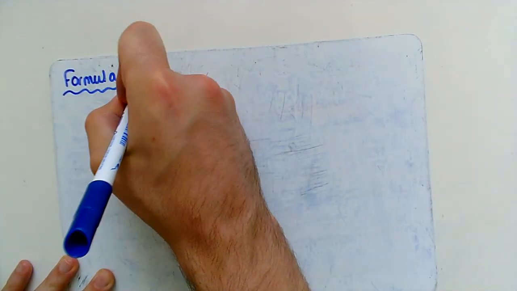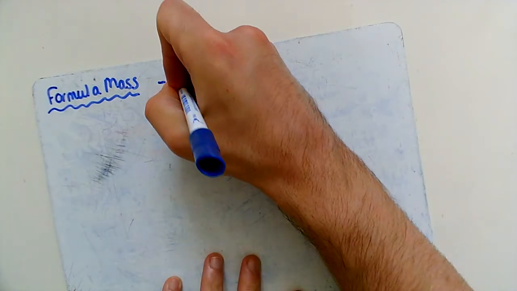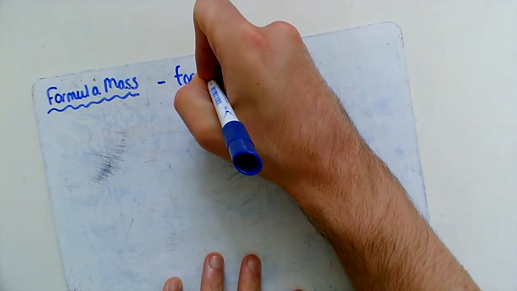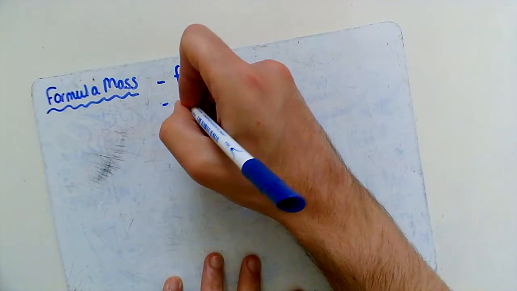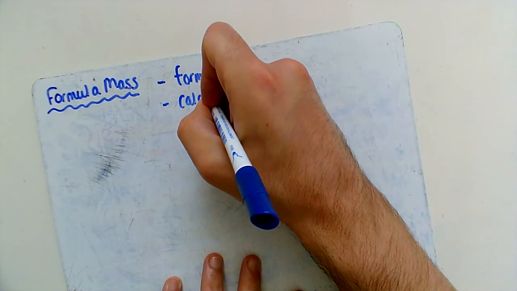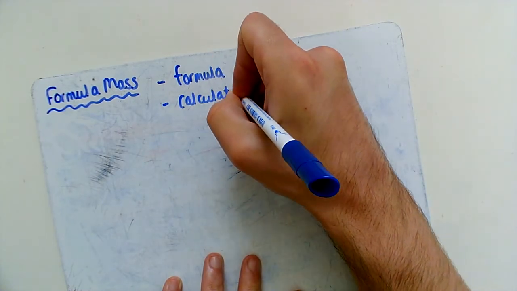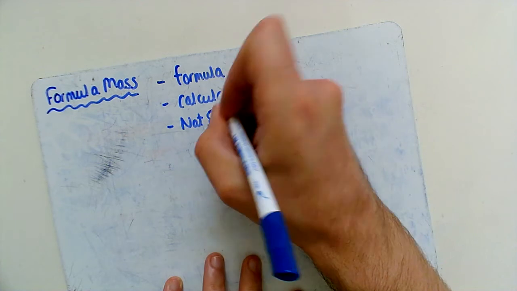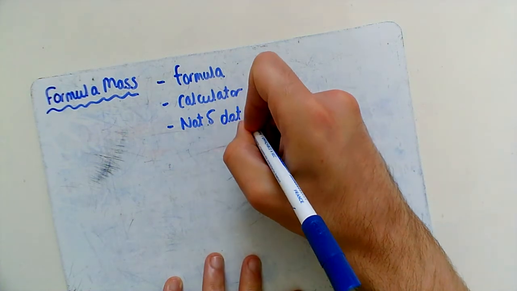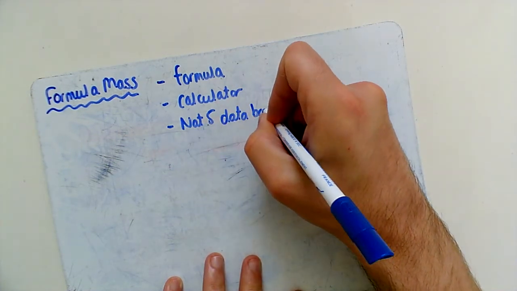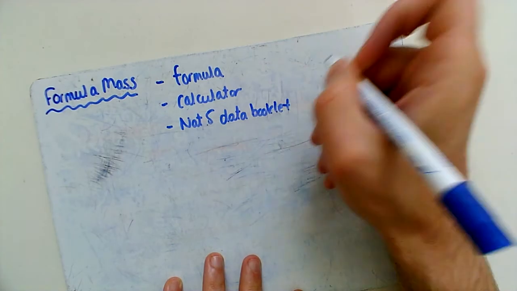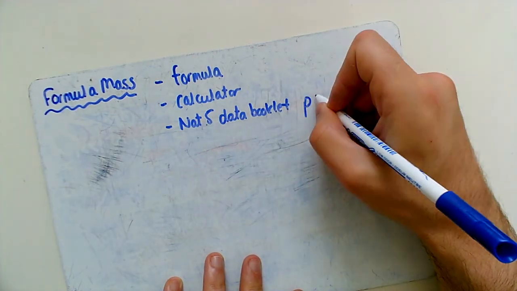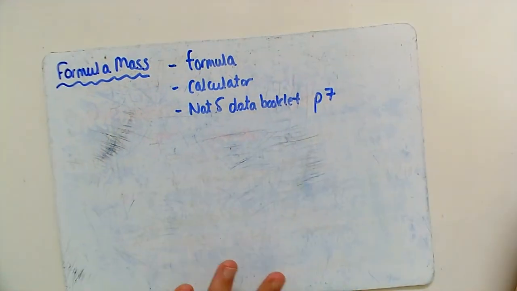Now for doing this, you need a chemical formula. You will need a calculator, and you will need the National 5 data booklet. Specifically, you will be using page 7 of that data booklet.